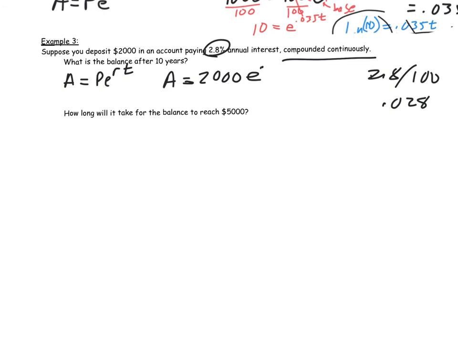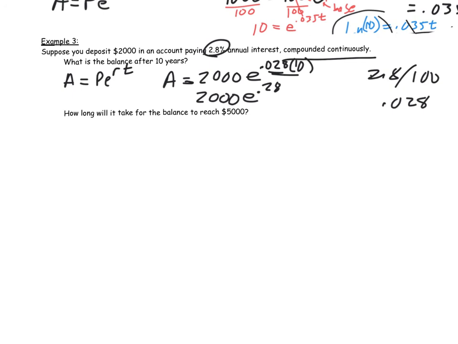So rt, 0.028 times 10. The way I'd do this, I'd take 2,000 times e. I'd multiply these two first. 0.028 times 10 is 0.28. So I just multiply those numbers in the exponent together, so I can simply plug this into my calculator now. Let's go over here.